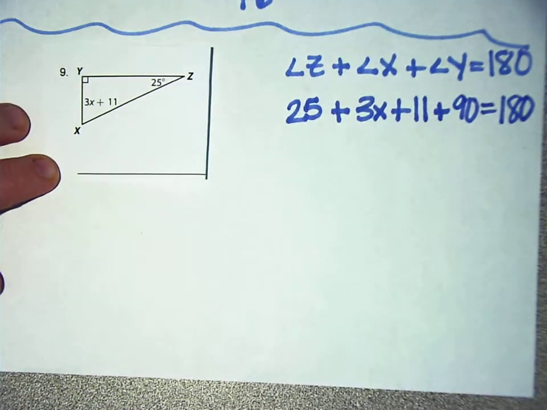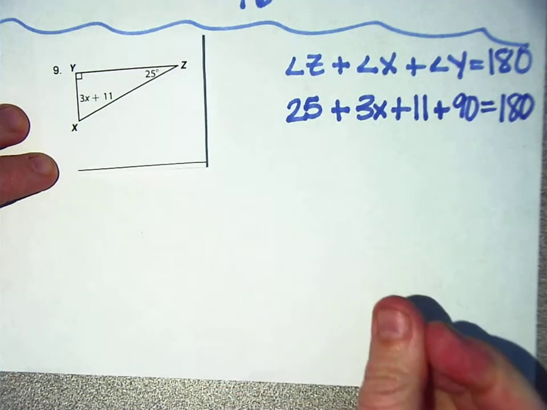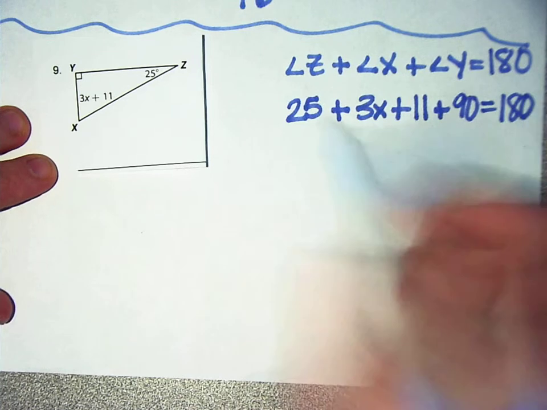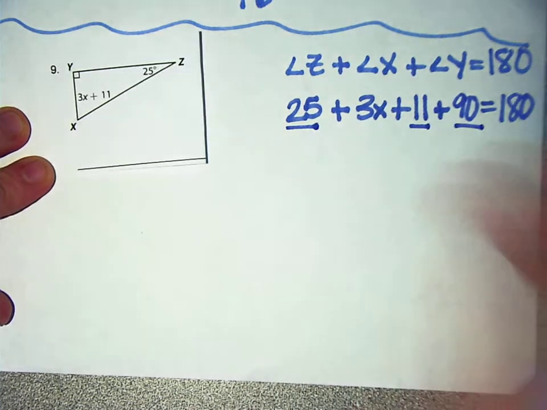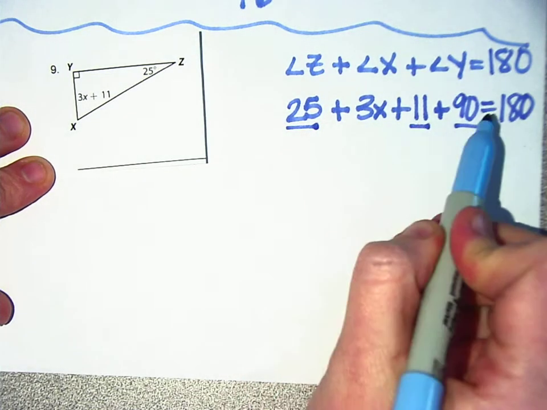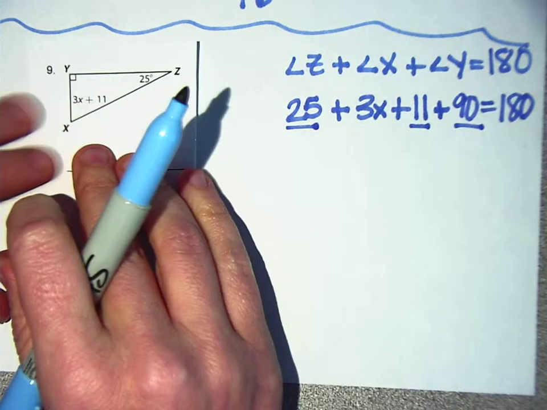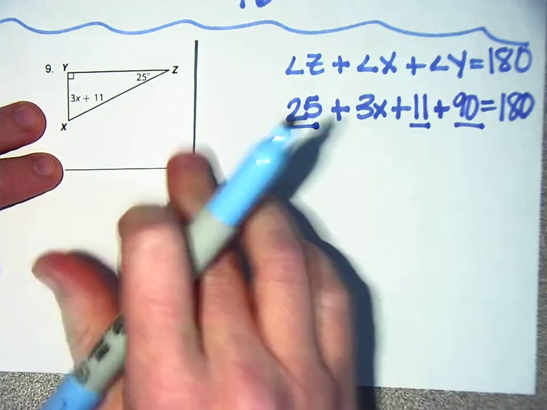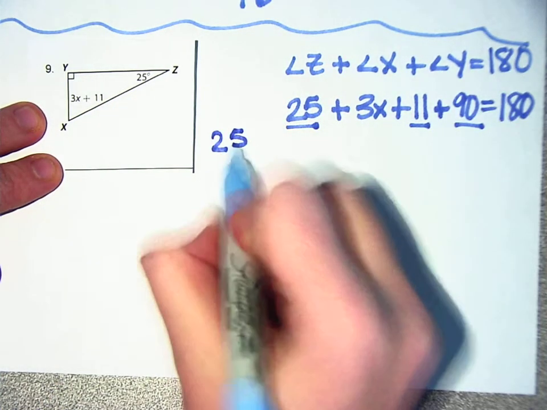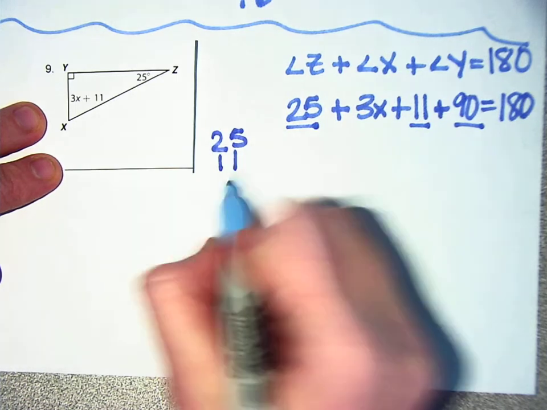Okay? So now we've got to combine everything that we can. We've got some like terms, which are just numbers. So I went ahead and underlined them here. Sometimes you're just going to have two numbers you have to add together. Sometimes you may have 3 or 4. So we've got 25 plus 11 plus 90.